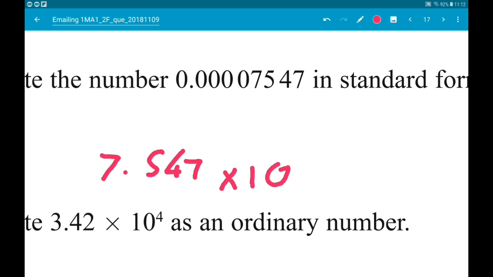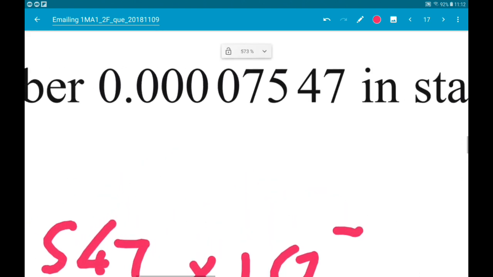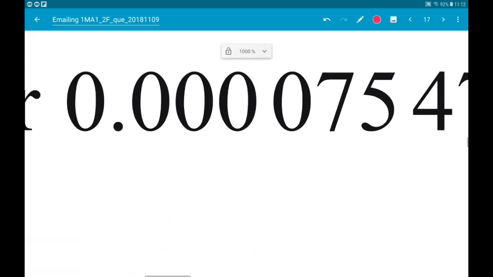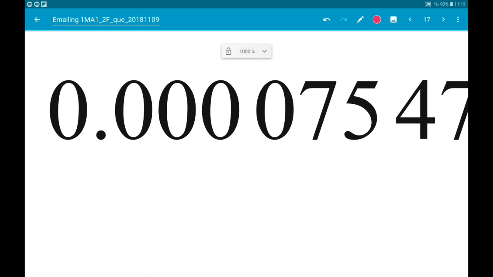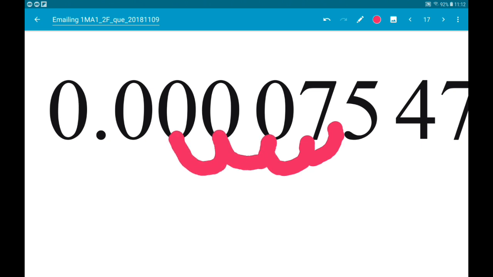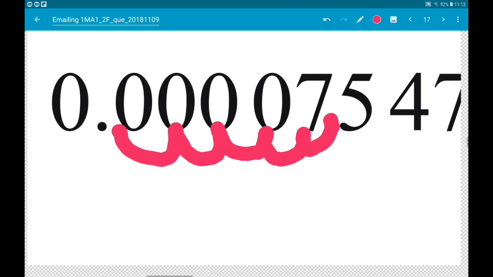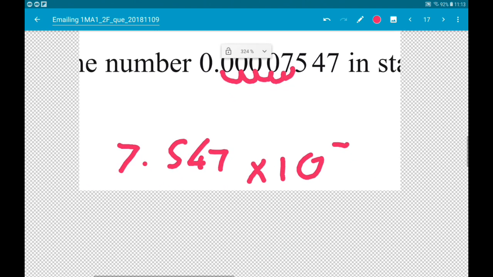Now, because the number is less than 1, it's a negative power. And to work out the power, we need to know how many places the decimal moves from there to where it is on the left. So it's gone 1, 2, 3, 4, 5. So the power is minus 5.